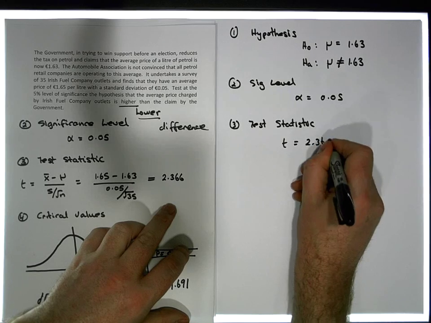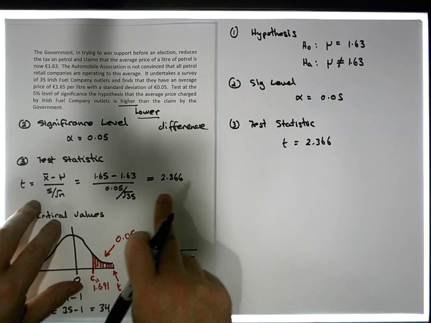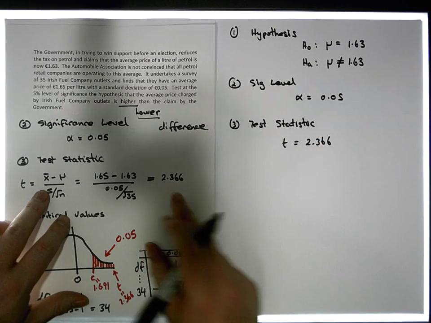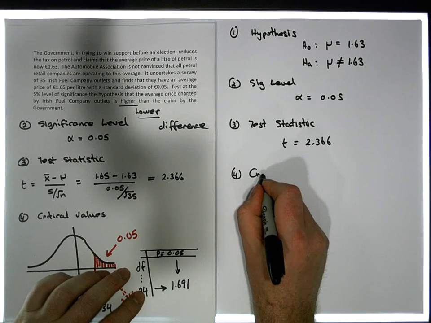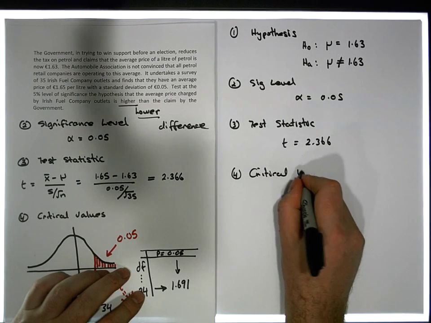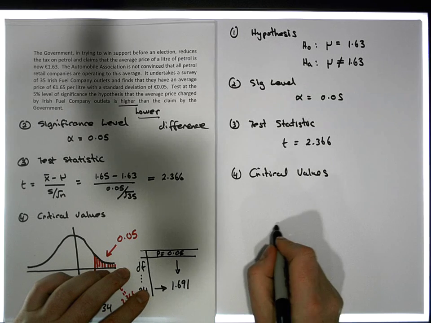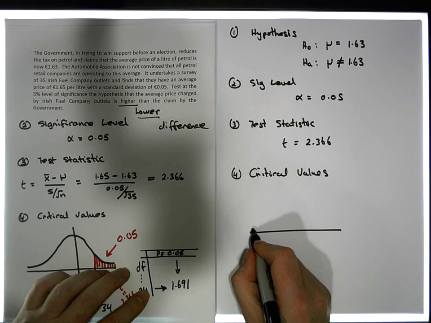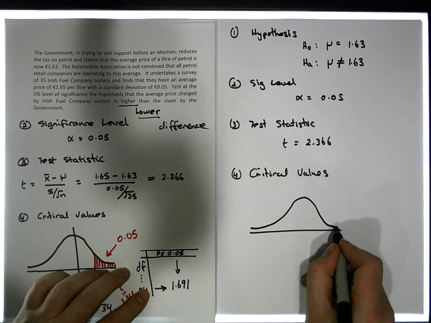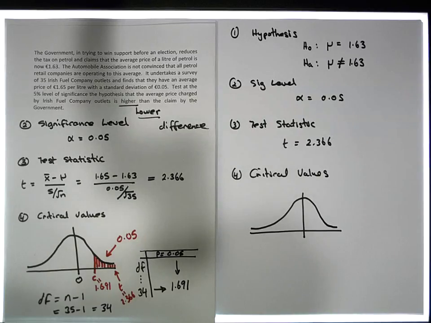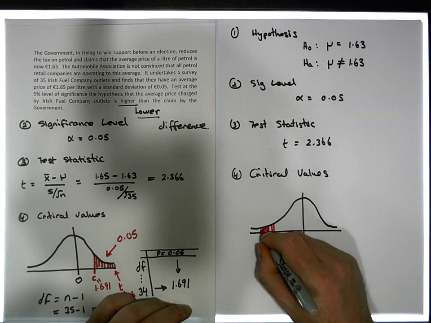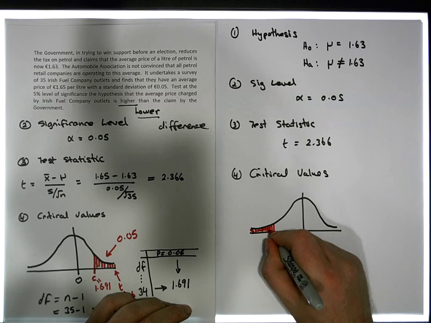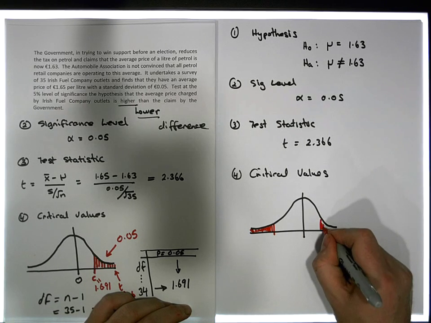We've calculated that in our first run of this example. But now the critical values, this is where things change a little bit. We've still got a t distribution, but this time I don't mind whether the difference is on the left-hand side, showing it's significantly less than the hypothesized position, or if it's greater than the hypothesized position.